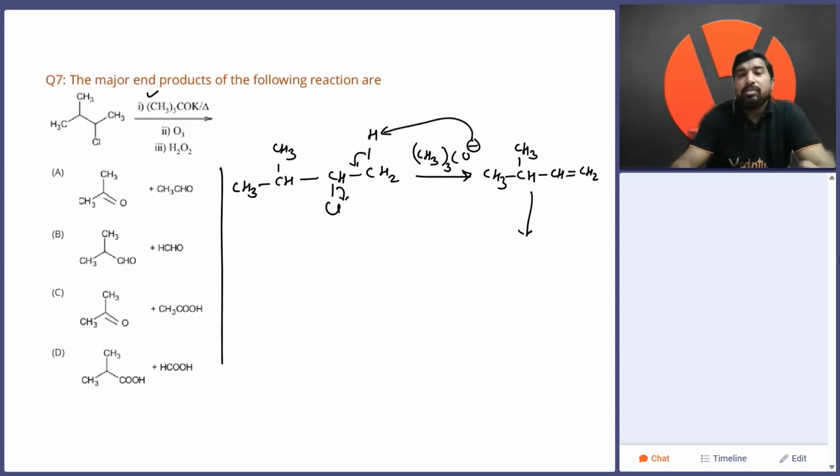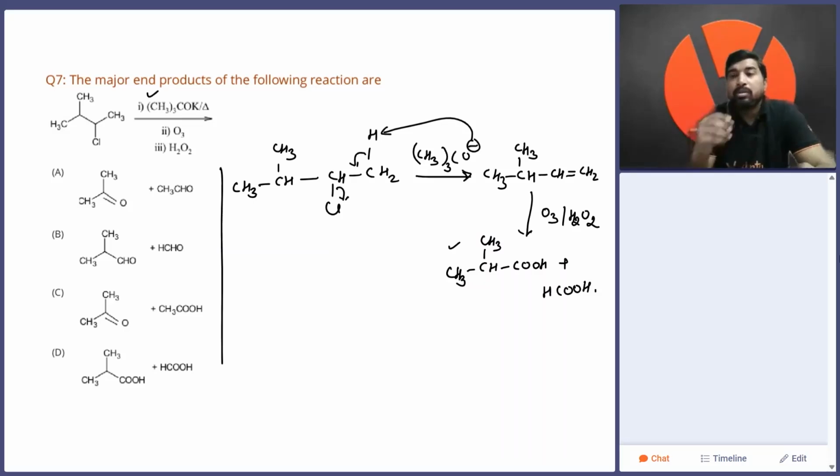On ozonolysis, first it will give, in the presence of H2O2, actually it is an oxidative ozonolysis. Due to the oxidative ozonolysis, the product should be CH3CH3, that should be COOH plus HCOOH.